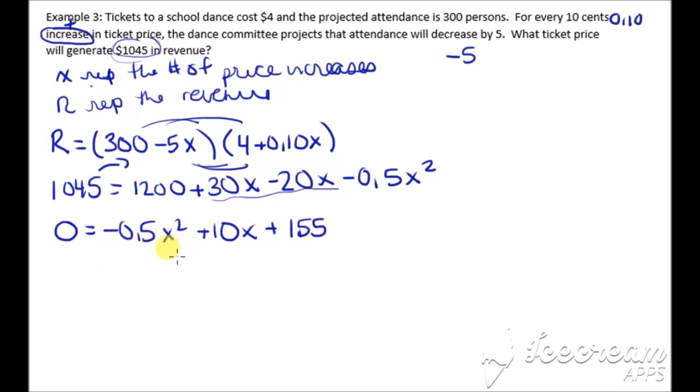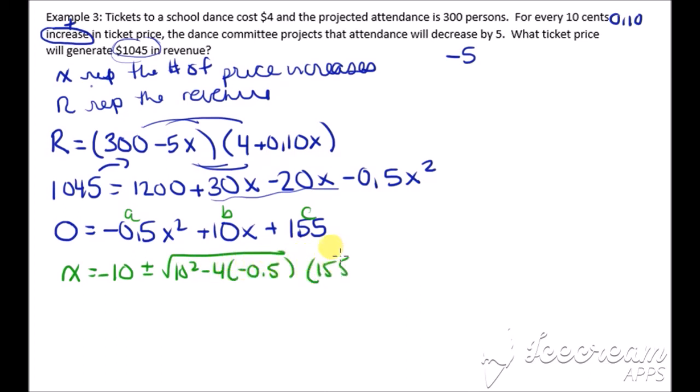Okay, so this has a decimal in it. I'm not even going to fight it. I'm just going to go ahead and do quadratic formula. So x equals, this is going to be our a, our b, and our c. So negative b plus minus the square root of b squared minus 4ac all over 2a.